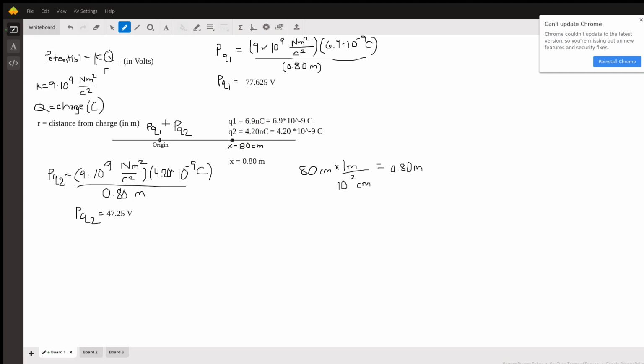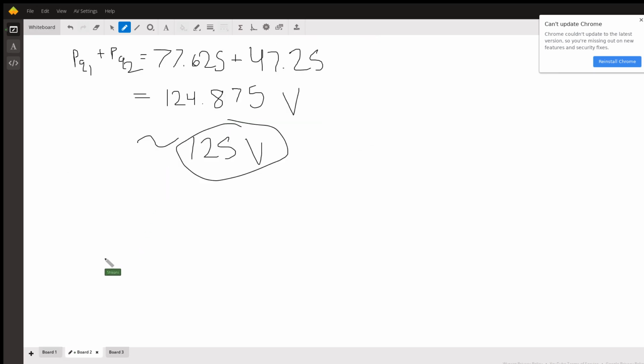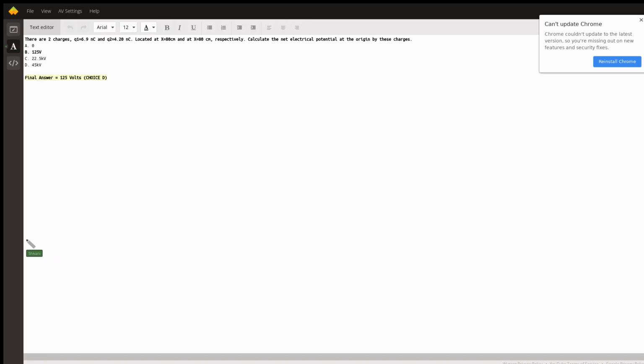So we have 9 times 10 to the 9 times 6.9 times 10 to the negative 9 divided by 0.80, plus the potential from Q2, which is 9 times 10 to the 9 times 4.20 times 10 to the negative 9 over 0.80. And we end up with 124.875, just like we initially calculated. So our final answer is choice B.